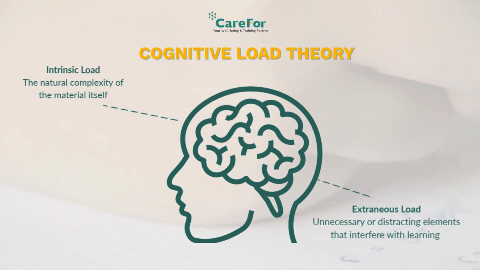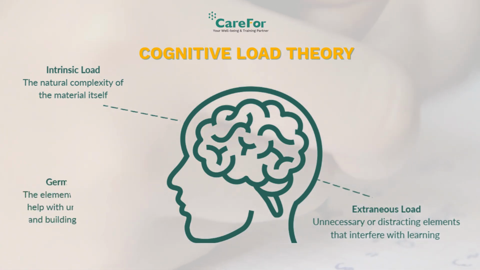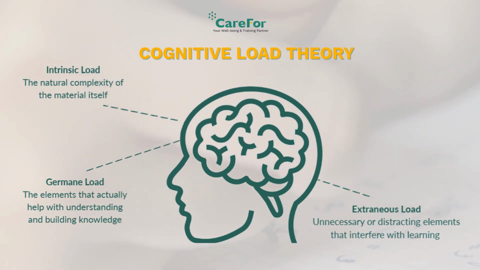These could be hard to understand jargon, cluttered slide designs, or poor formatting. Number 3, germane load, the elements that actually help with understanding and building knowledge. These include visual aids, real-life examples, and the logical connection between training models.